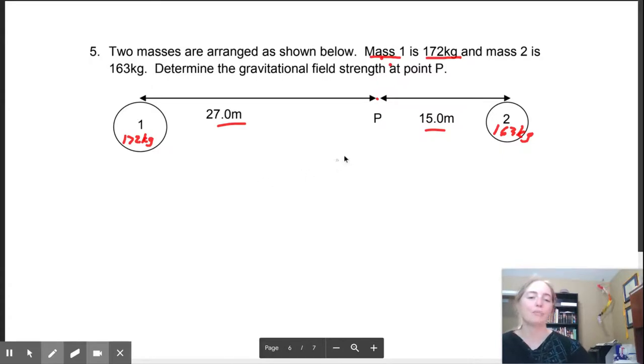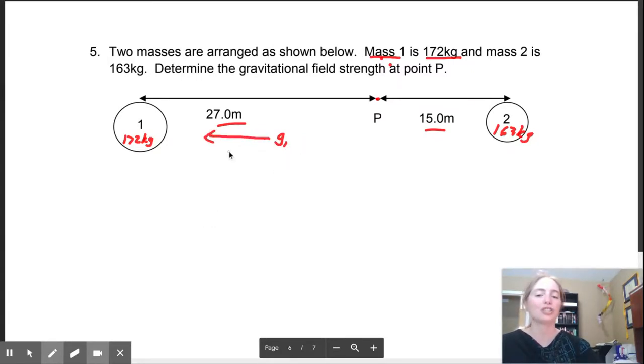So ladies and gentlemen, point P is essentially just that random point. Because remember, gravitational fields are the strength of a field at a certain distance from a mass. Also remember that gravitational fields are always attractive. So that means that I'm going to make this gravitational field strength 1.